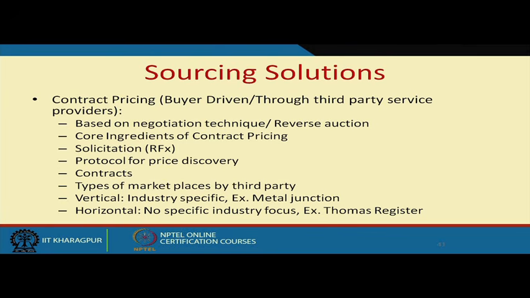This protocol for price discovery can be of two types. One is single round, and the other is multiple round, which is called reverse auction. Then you have these contracts.